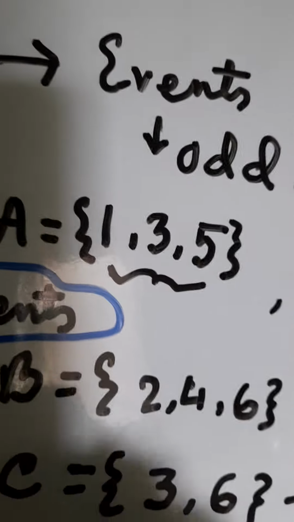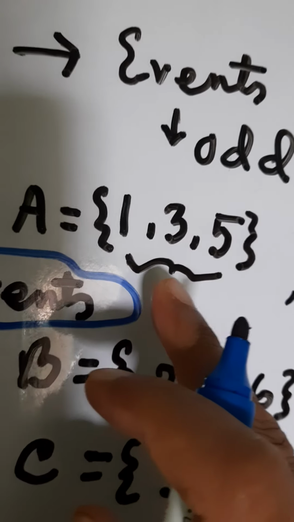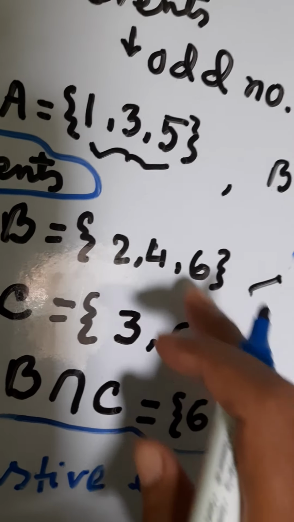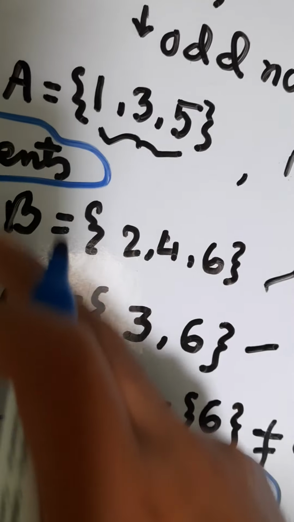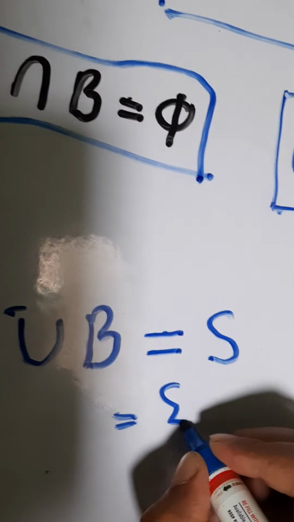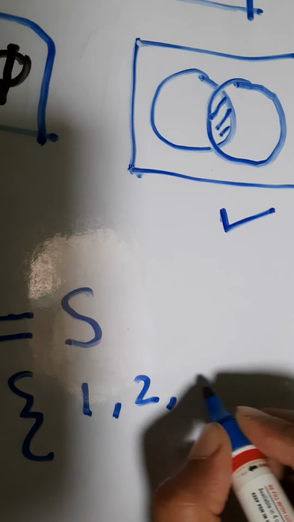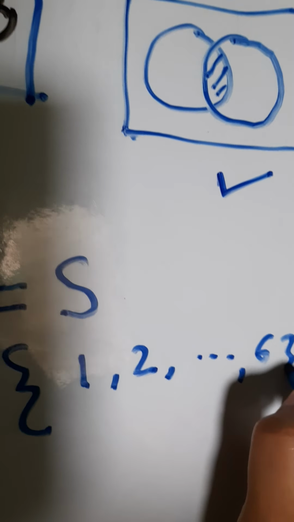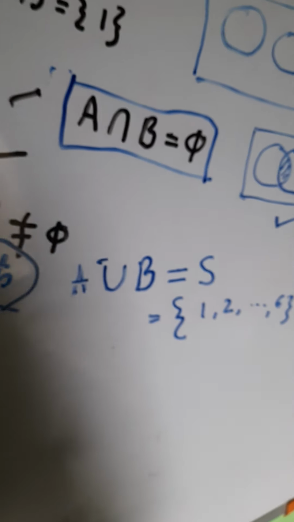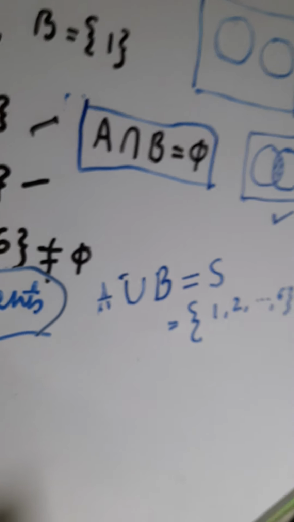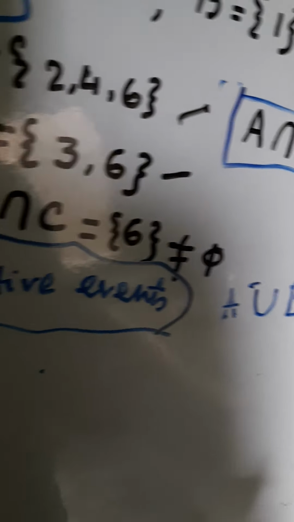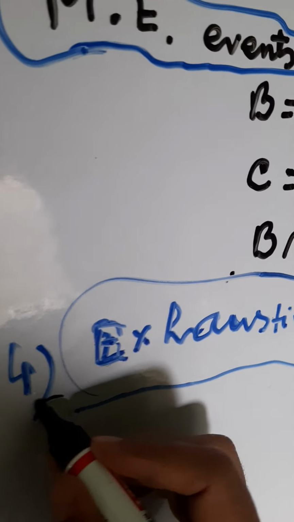A is the collection of odd numbers 1, 3 and 5, and B is the collection of even numbers. So A union B, the totality of A and B, is nothing but the sample space 1, 2 up to 6. So in the case of exhaustive events, no other elements or outcomes are left in the sample space. So the term we have learned is exhaustive events.